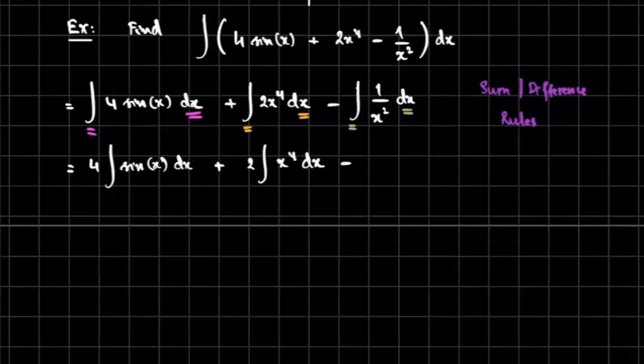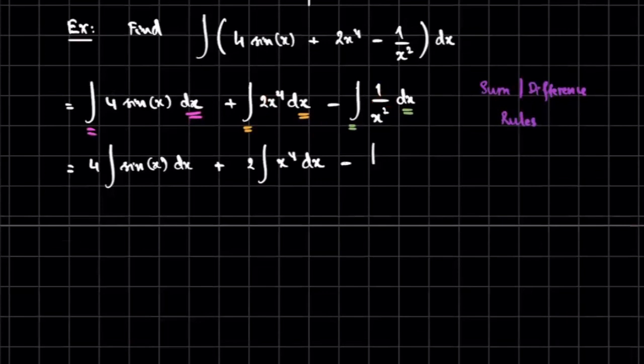Now for the last integral, if you go back to the basic formulas we just wrote down, you don't see anything related to 1 over x squared. You do see the integral of 1 over x, but that is different. However, you know the basic formula for the power rule of integration. So it's good to turn this 1 over x squared into a power function.